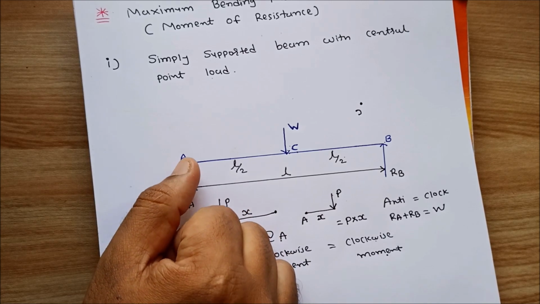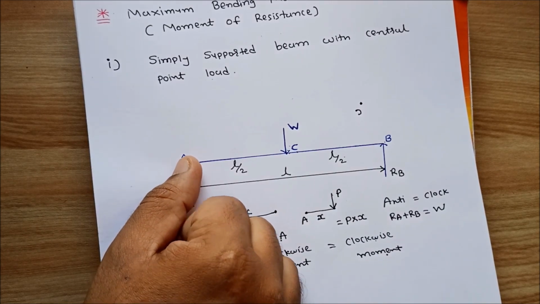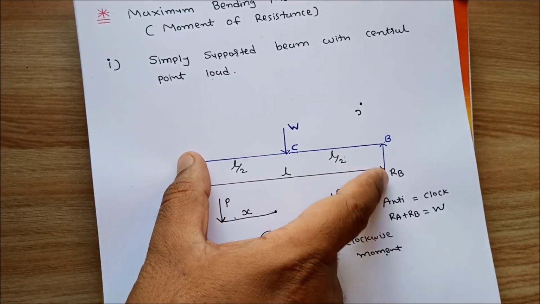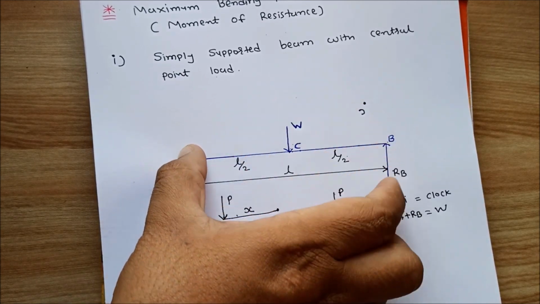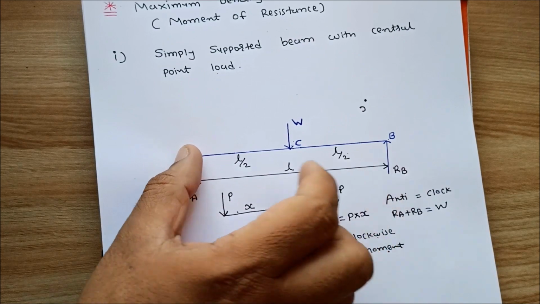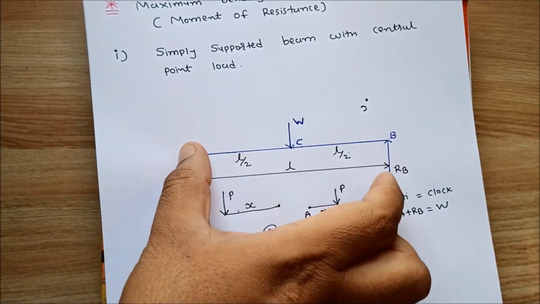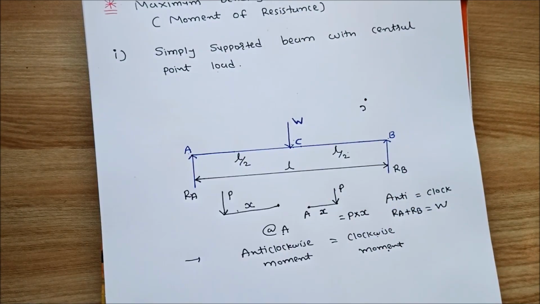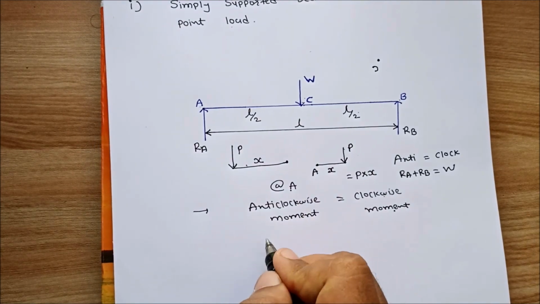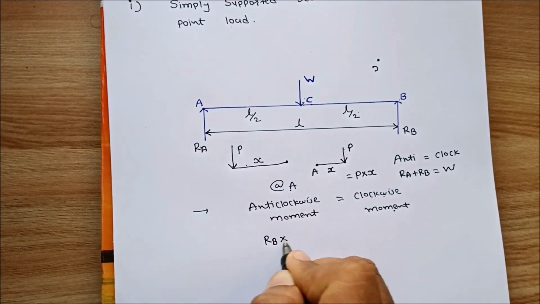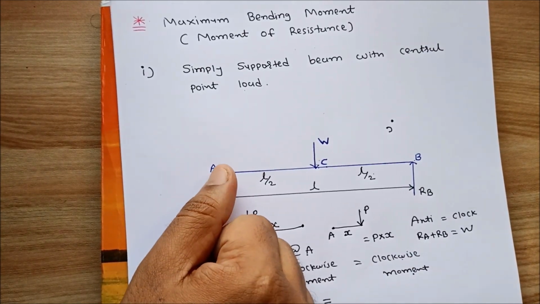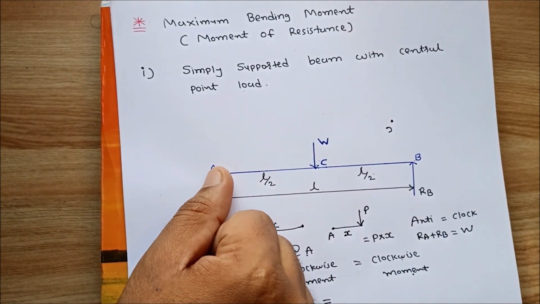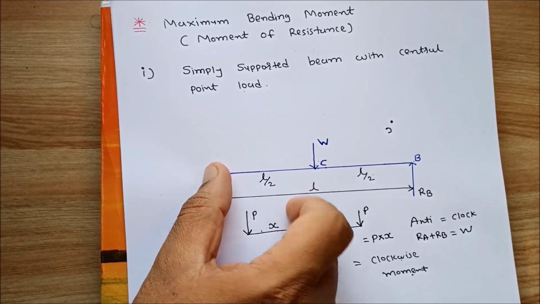Put the thumb here. First there is a reaction force RB. Rotate the finger in the direction of force. So RB multiplied by perpendicular distance L. This moment goes in anti-clockwise direction. So in anti-clockwise moment, we can write RB into L is equal to, here again we take moment from point A, rotate the finger in the direction of force.